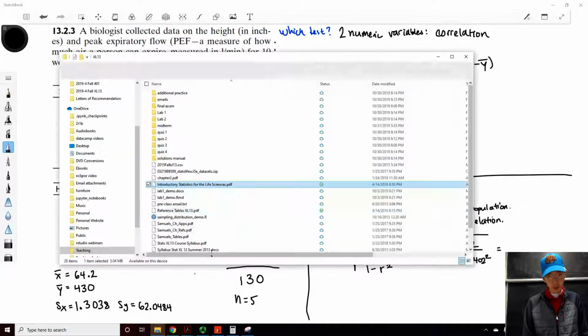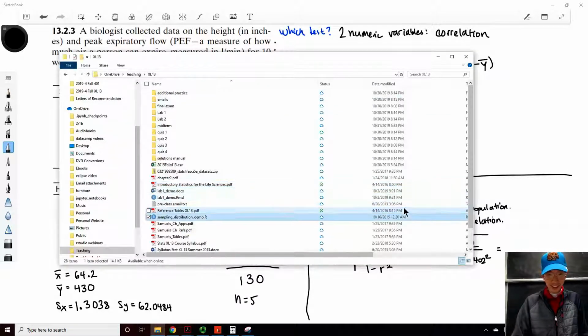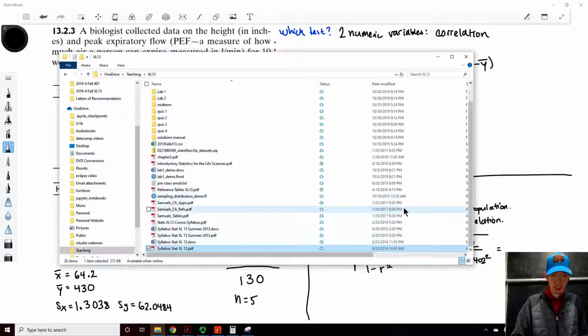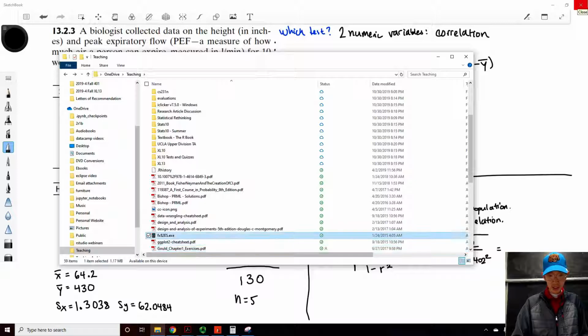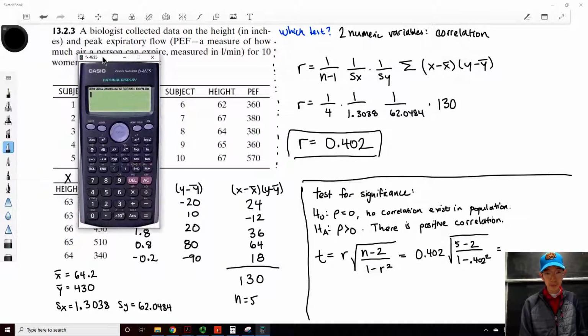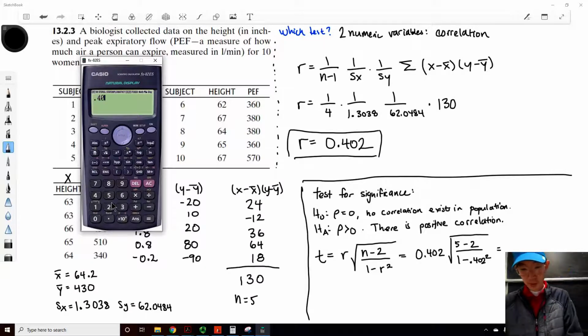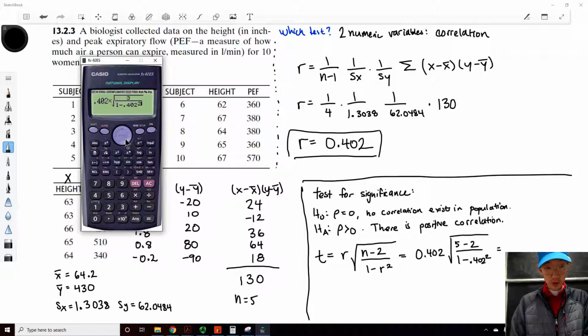I need a better calculator. Okay, so 0.402 times the square root of 3 divided by 1 minus 0.402 squared, and I get 0.76.